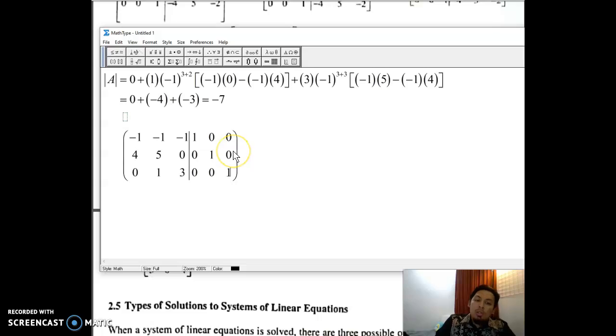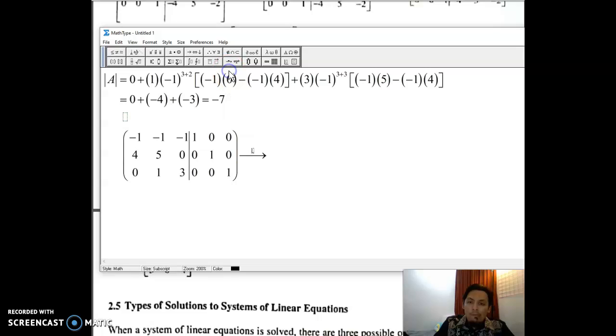So let's see. The target will be to change all of this into the identity matrix. So basically the diagonal should be 1, and all of the upper triangular should be 0 and all of the lower triangular should also be 0. Hence it becomes identity. So how do we actually do that?